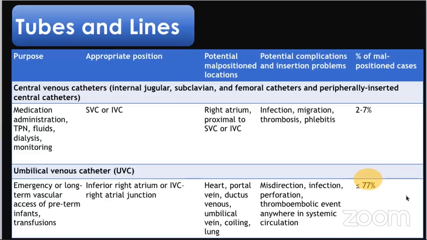Malposition may be in the heart or maybe in a low position. The complication may be infection, perforation. The percentage of malposition of the umbilical venous catheter is very high, less than or equal to 27%.